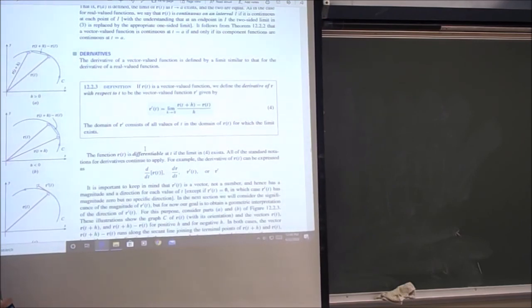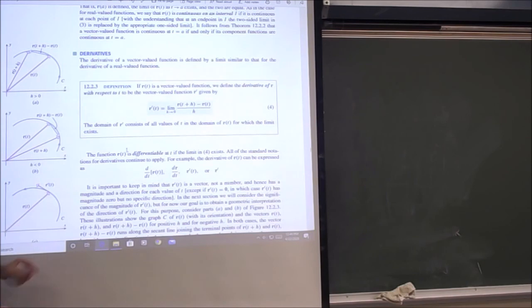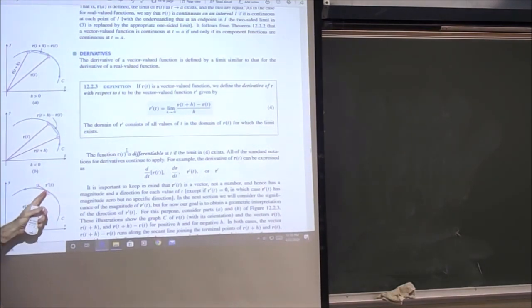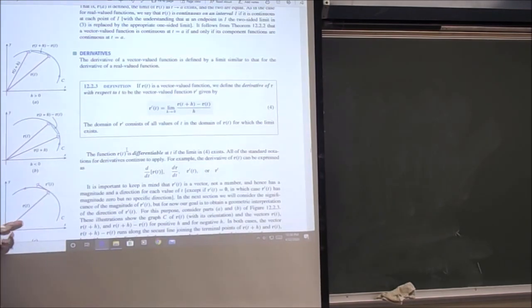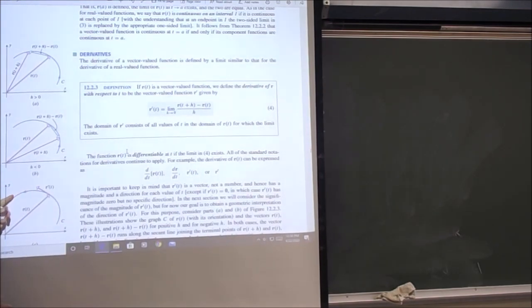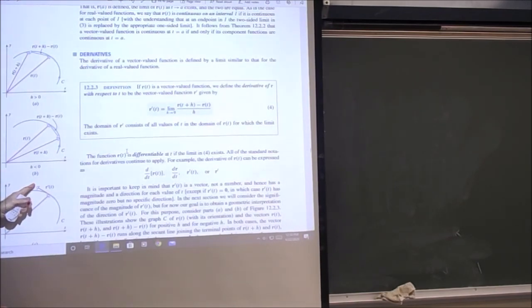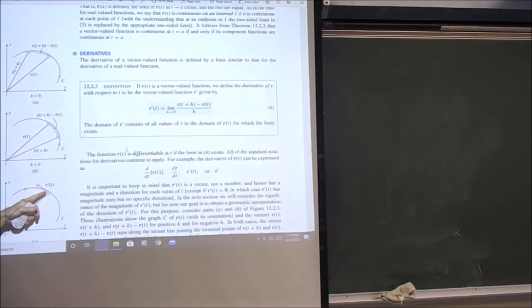It's often called the tangent vector, but because its components are the derivatives of x and y, it's actually what in physics we define to be the velocity vector. So if this is my spacecraft moving along here, this is my velocity vector. It has the direction that I'm moving, and its length is the root sum square of x prime squared plus y prime squared.